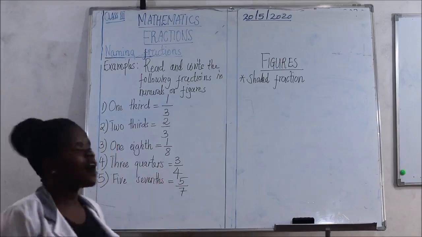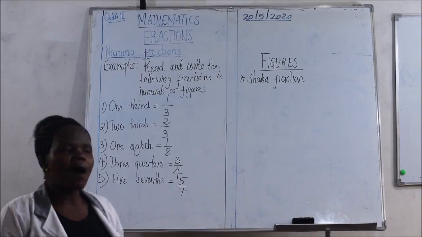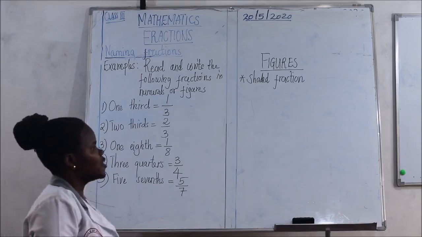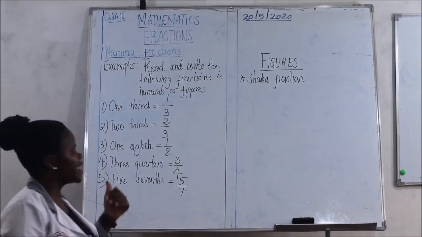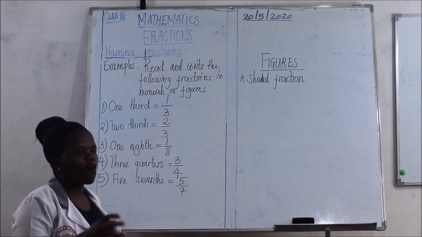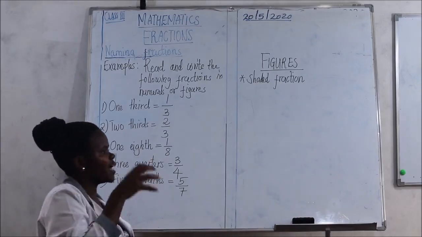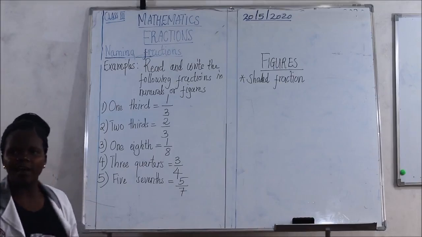But for this one, you have to keep in mind that the numerator will be the number of the shaded parts, and the total number of the parts in the whole figure that you have been given will stand as the denominator.